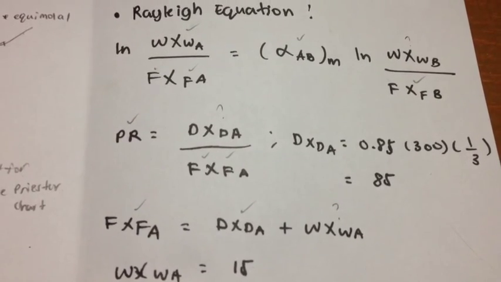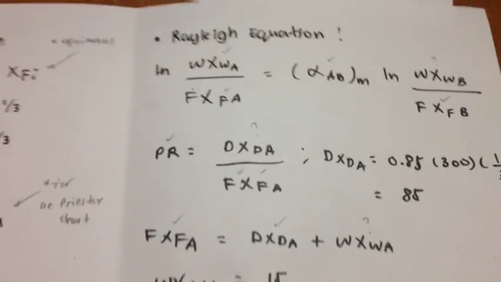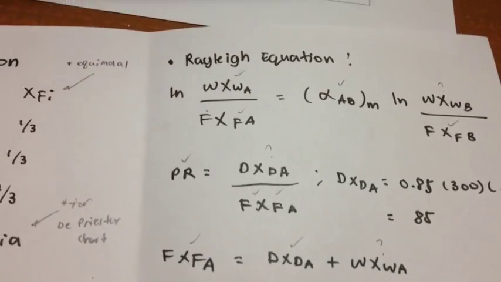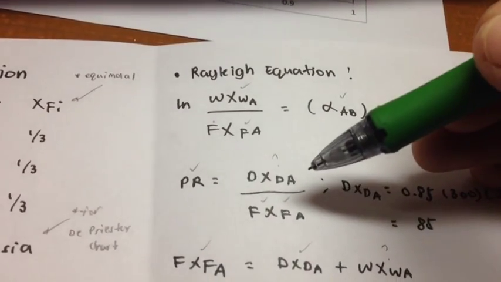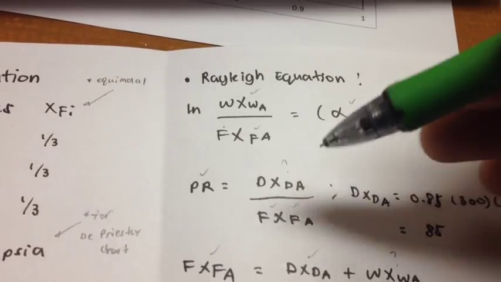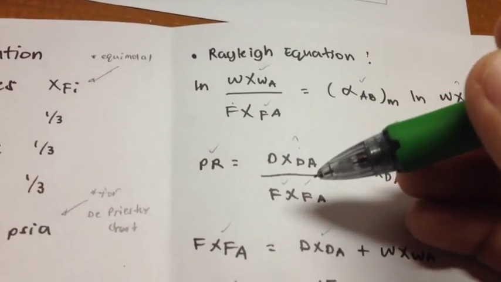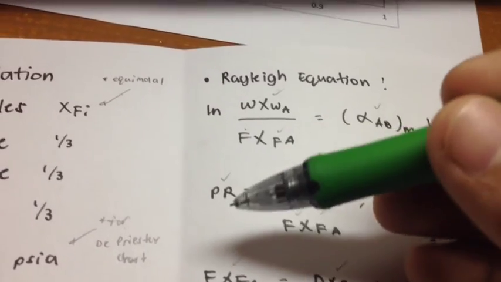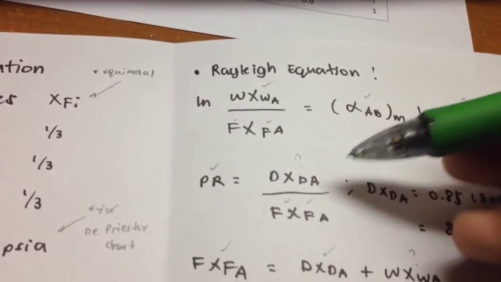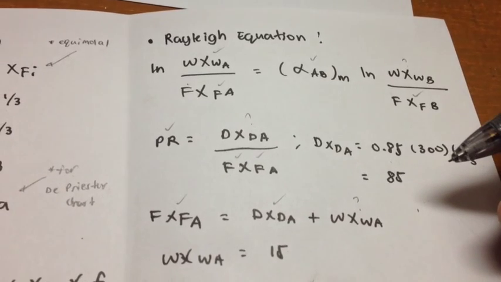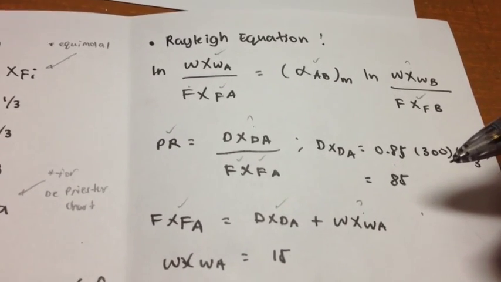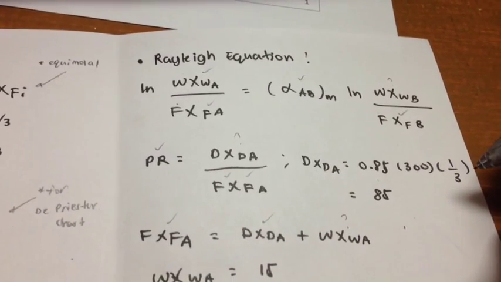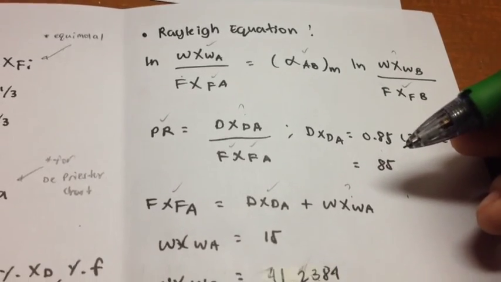Percent recovery is equal to DxDA over FxFA. F for hexane is 100, xFA is 1/3, and percent recovery is 0.85. You get DxDA equal to 0.85 times 300 times 1/3, which yields a value of 85.